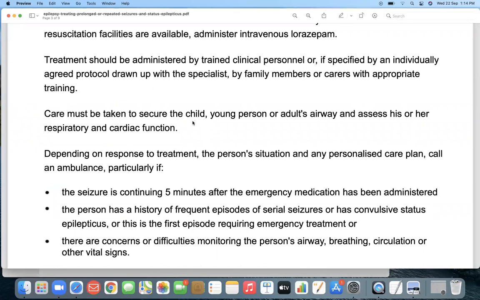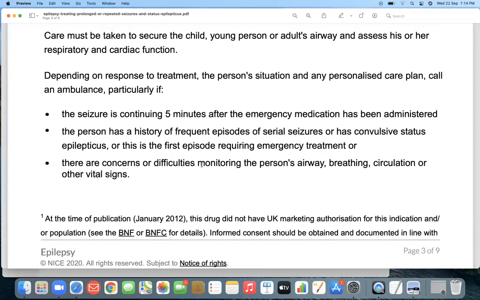Care must be taken to secure the airway and assess respiratory and cardiac function. Depending on the response to treatment and the person's situation, any personalized care plan, call an ambulance, particularly if the seizure is continuing 5 minutes after emergency medication has been administered.